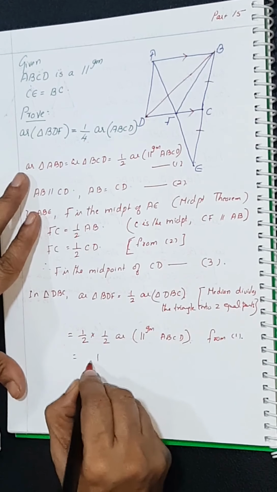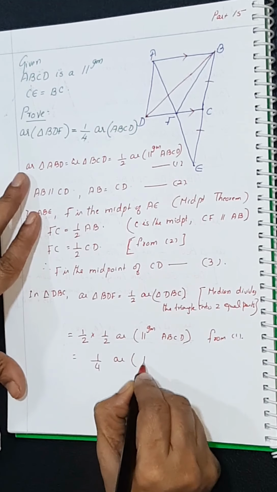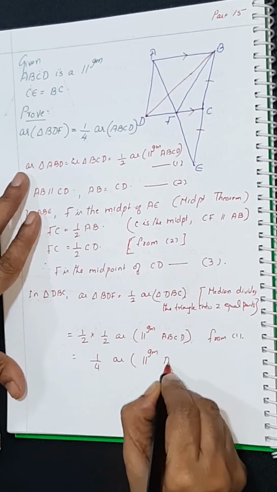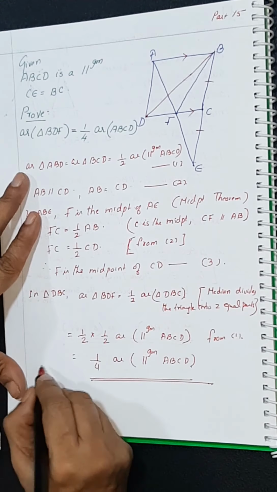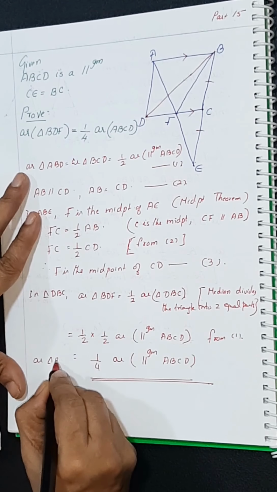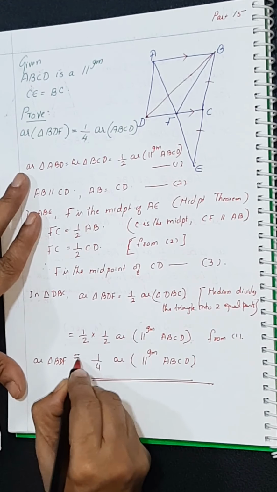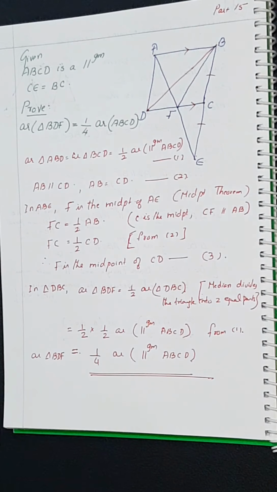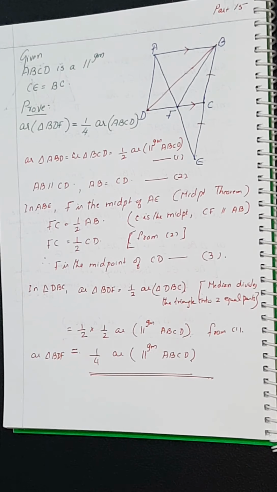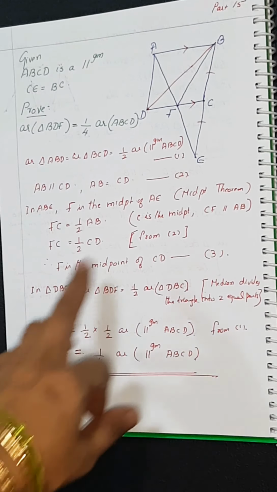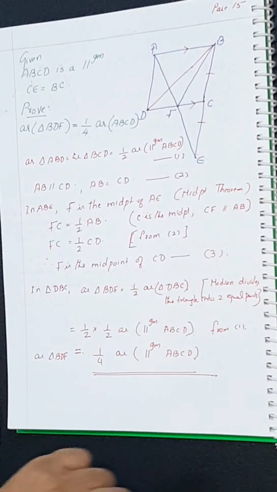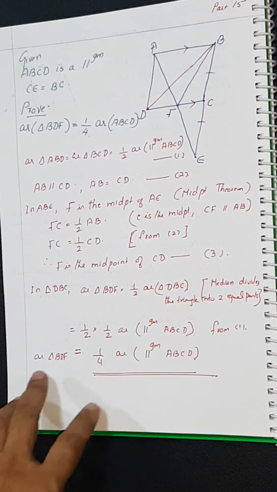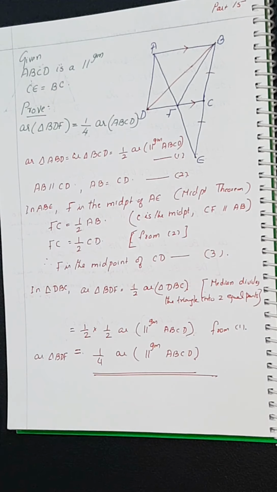This is equal to 1 by 4 area of parallelogram ABCD. So we are using the midpoint theorem, and the median divides the triangle into two equal parts; substitute and you will get it.